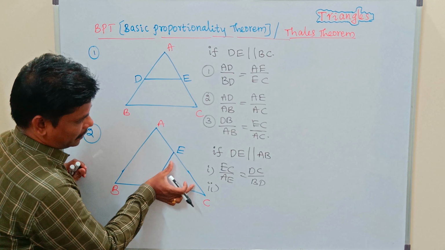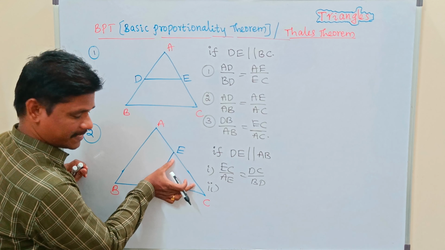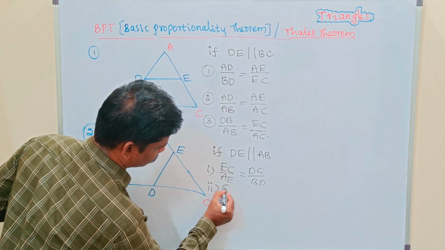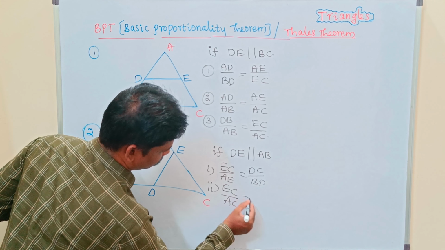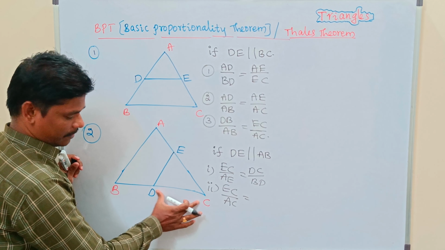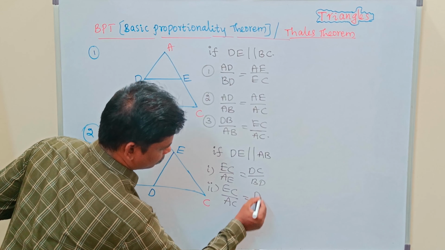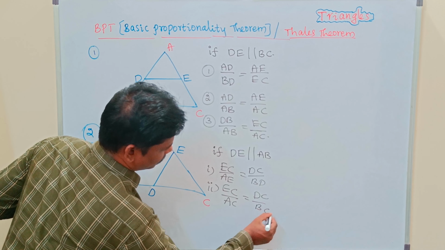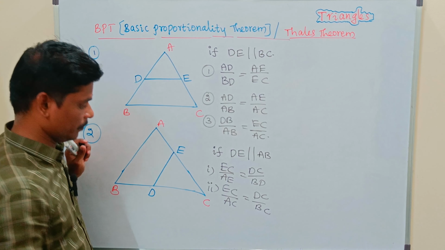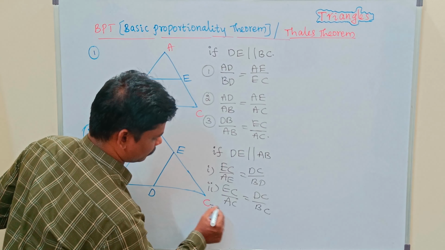Next, the second point, small sides. EC by AC is equal to DC by BC. Ratios are equal. Next, the third point.